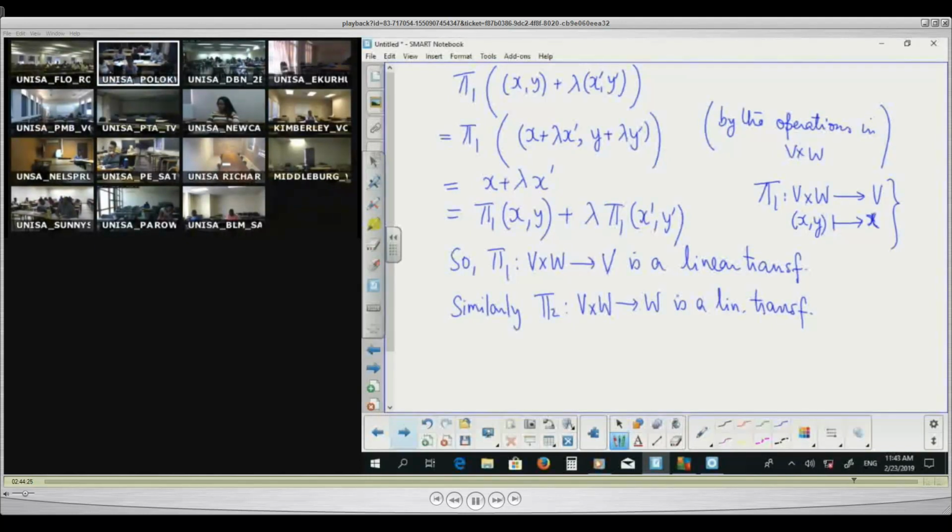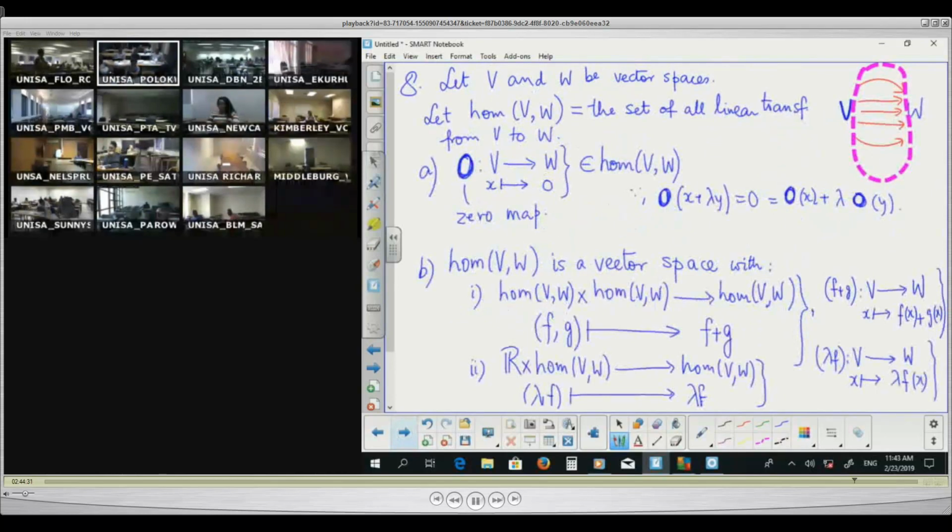With the notation, (f,g) goes to f plus g, and f plus g goes from V to W. Remember, here we are defining a binary operation on this set.